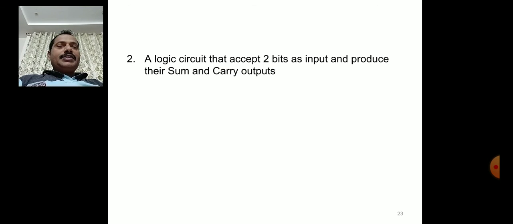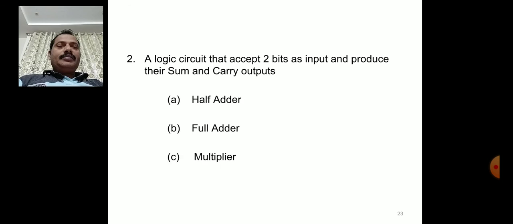Next, a logic circuit that accepts 2 bits as input and produces their sum and carry outputs: half adder, full adder, multiplier, all of them.